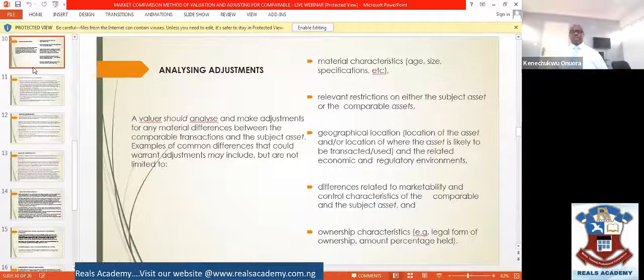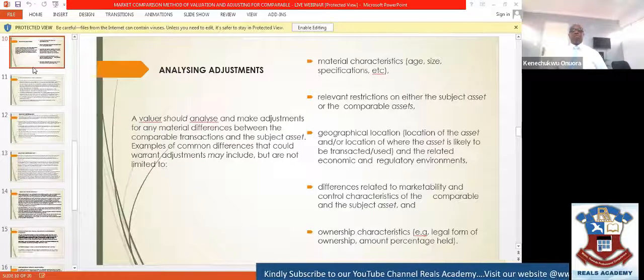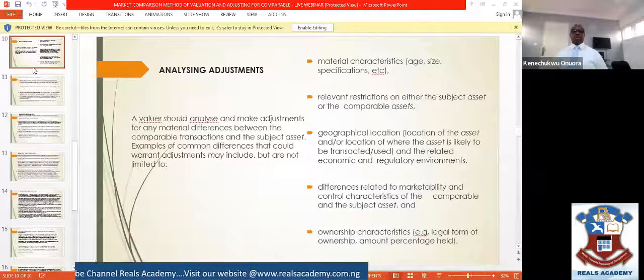The material characteristics, the age, size, specification, you need to analyze all these adjustments. These are adjustment elements. They have the property, you will check if there are relevant restrictions. For instance, are you comparing a property where you're not allowed to build more than 2 suspended floors?